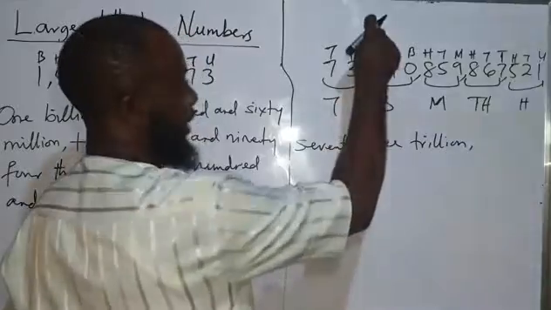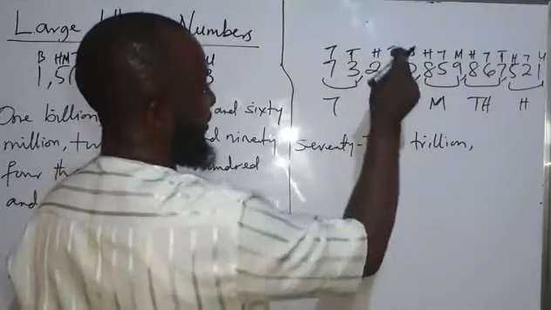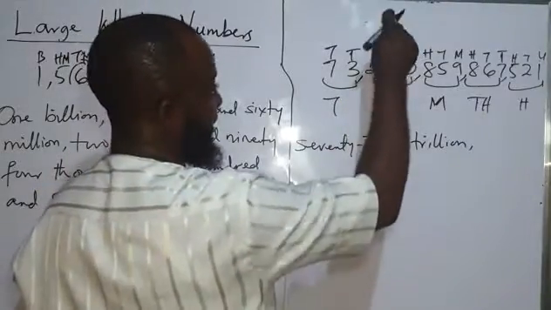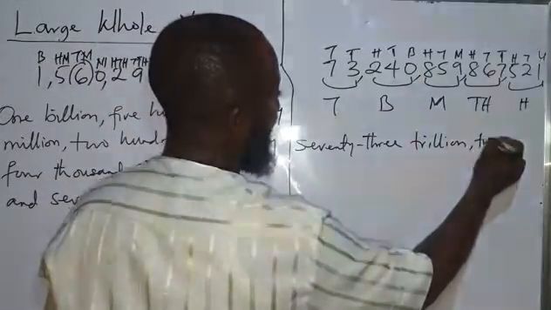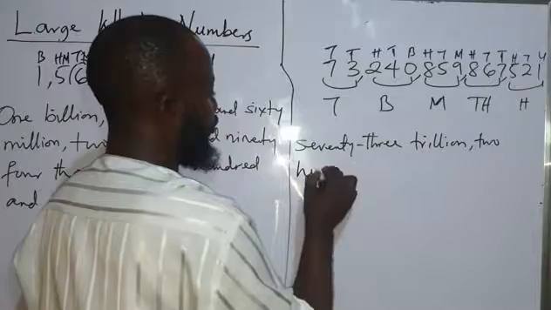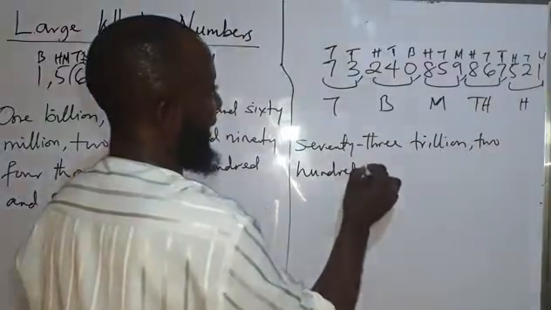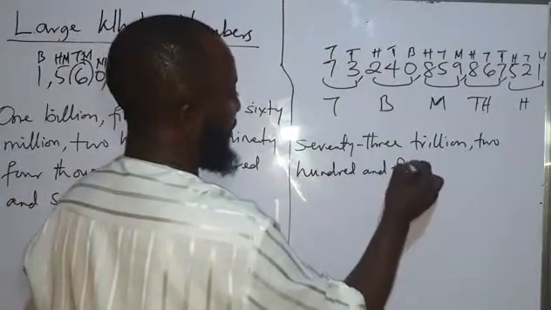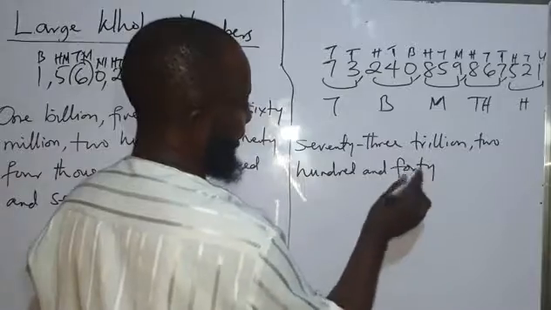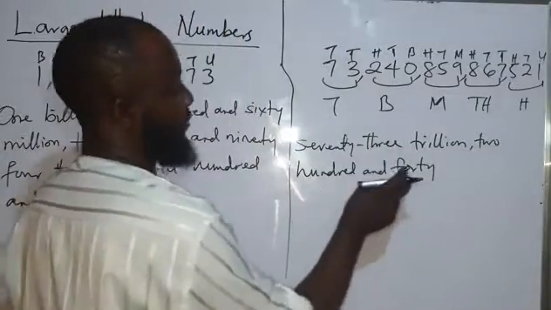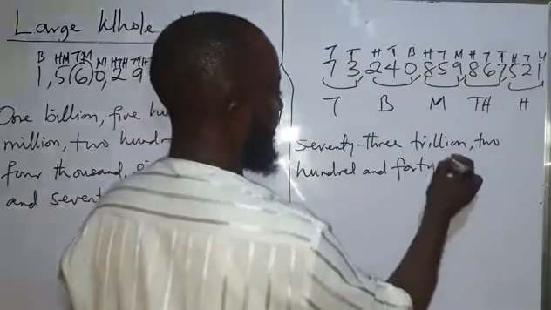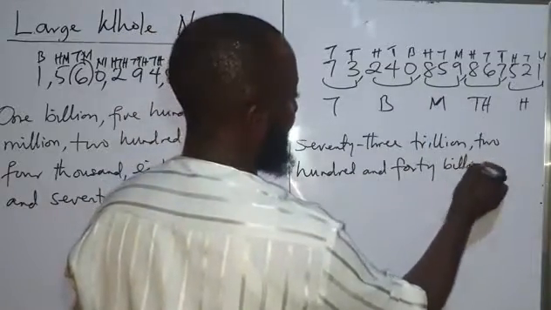You can see 2 is under 100. 200 and 40. Please don't make the mistake of 40. There's no U when you're writing 40. 240 what? Billion. Billion, right?